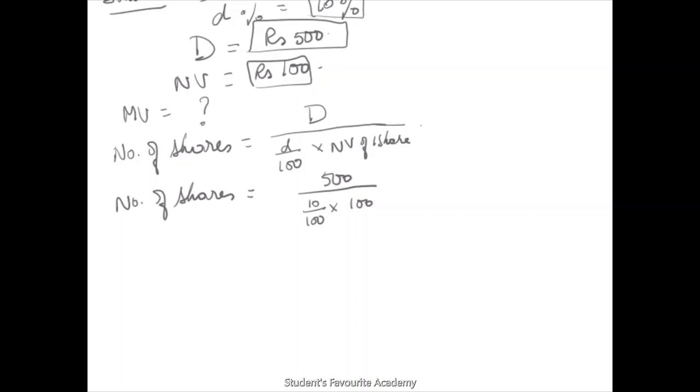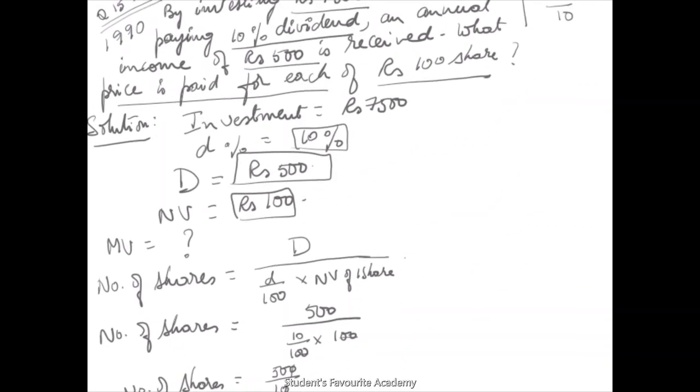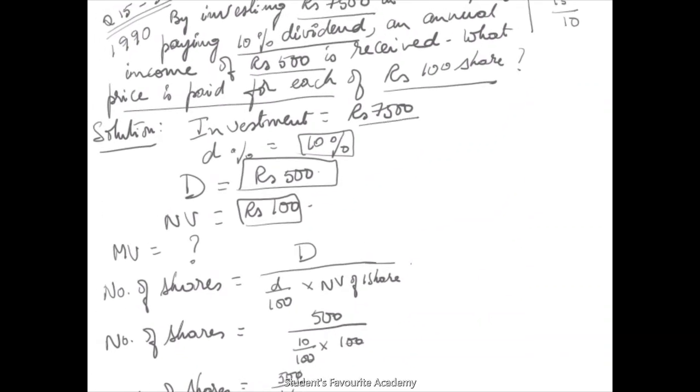So this implies number of shares is equal to, this 0 cancels. So you are left with 500 upon 10. So 50. So therefore number of shares is equal to 50. Now we already know the investment is 7,500.